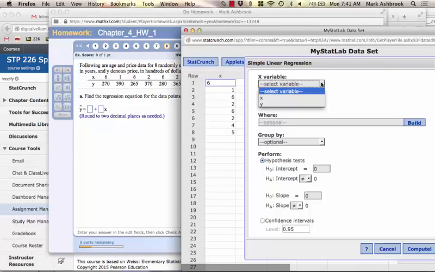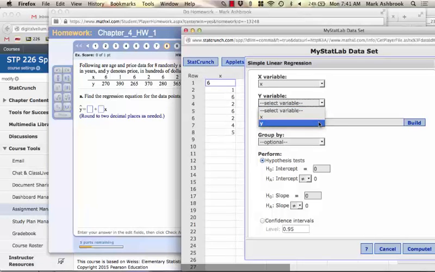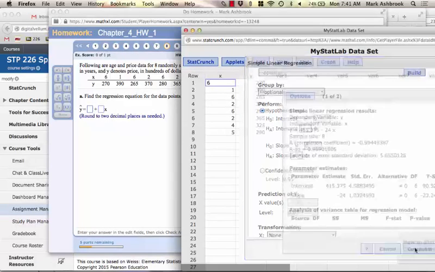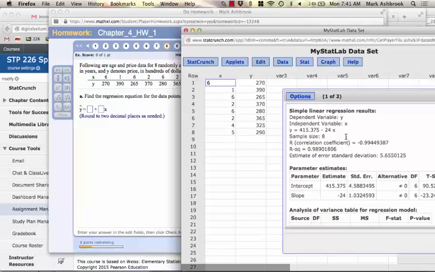X variable, X. Y variable, Y. Okay, and that gives it to us right there. $415 minus 24x, 2 decimal places.